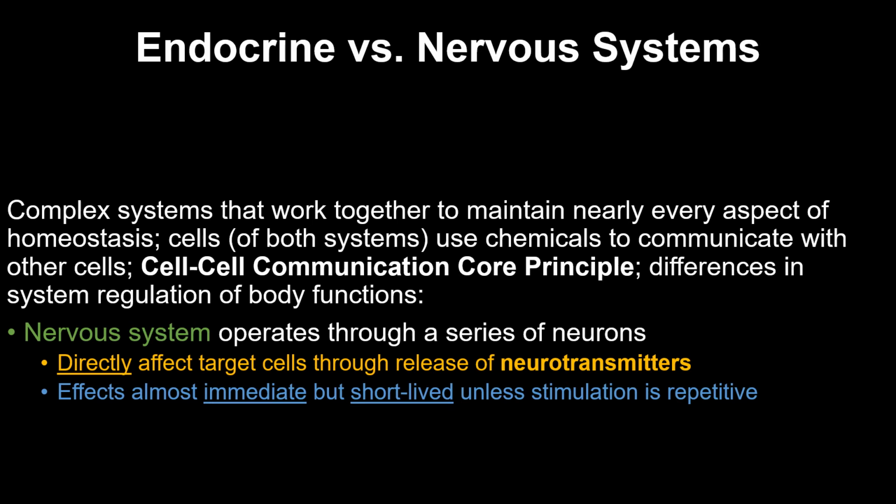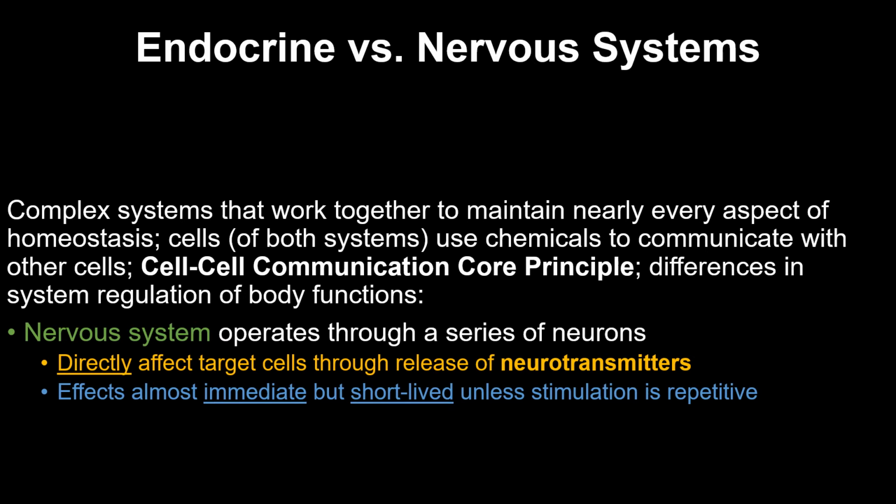So the endocrine system and the nervous system both complement each other, maintaining homeostasis of nearly every physiological variable. Both systems use chemicals to communicate with other cells. This is an example of the cell-cell communication principle. But the two systems differ significantly in how they regulate body functions.